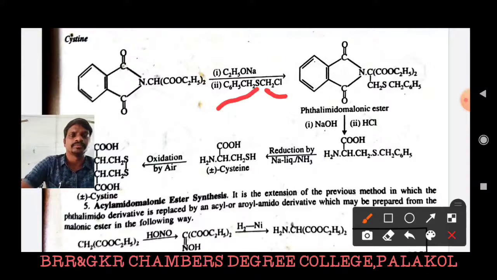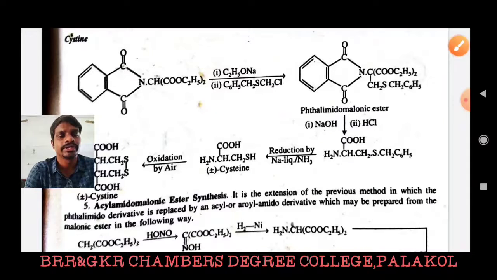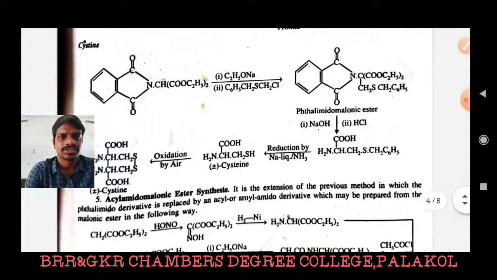What is the name of this compound? Benzyl chloromethyl thioether. So for the preparation of cysteine, we have to react it with benzyl chloromethyl thioether. Then we can get cysteine.